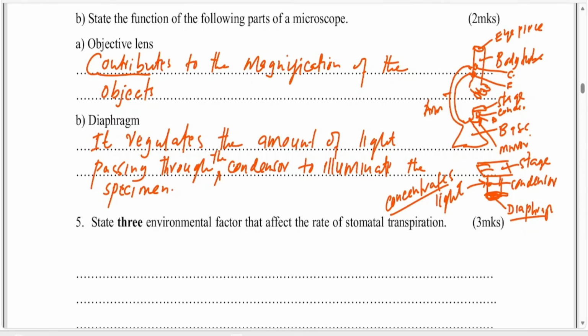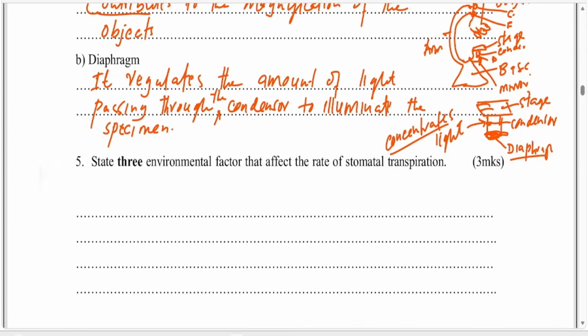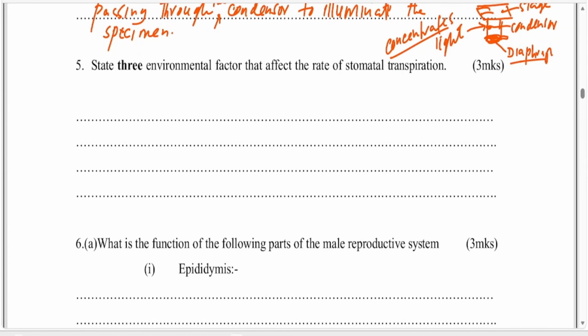Let's now move to question number 5. State 3 environmental factors that affect the rate of stomatal transpiration. We need to understand, learners, that the process of transpiration, which is the process by which plants lose water to the atmosphere in form of water vapor when the temperatures increase, is affected by some factors which are categorized into two.